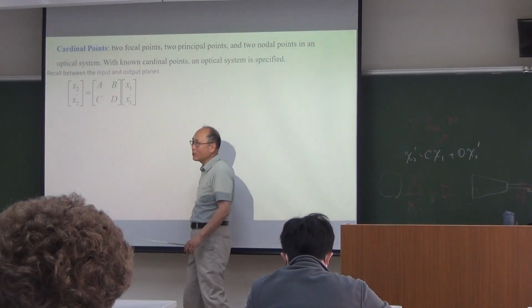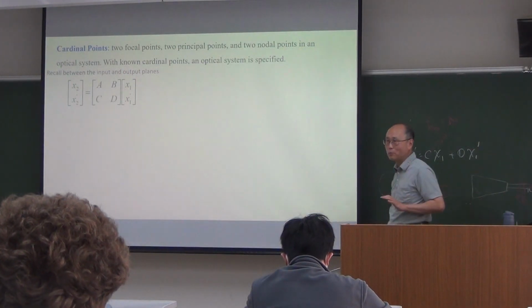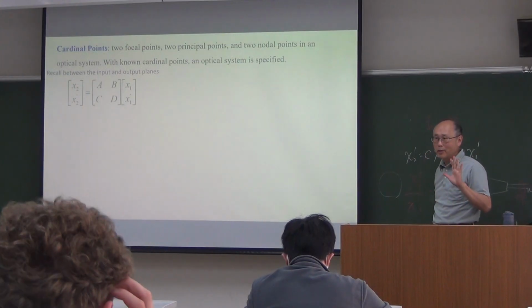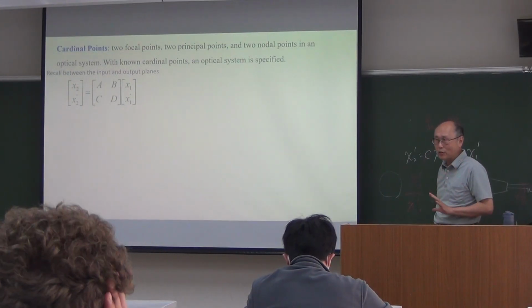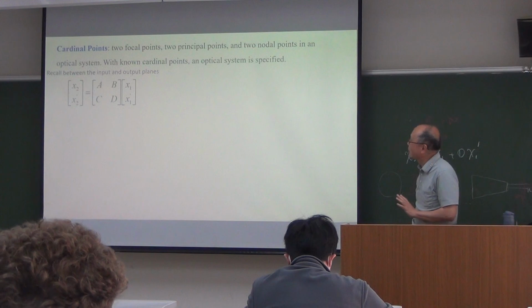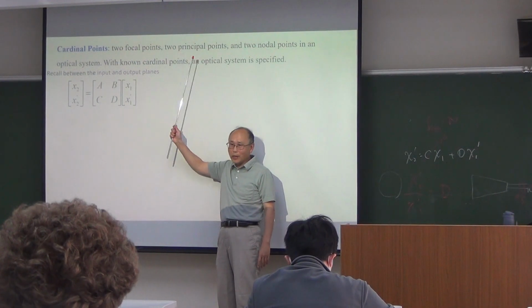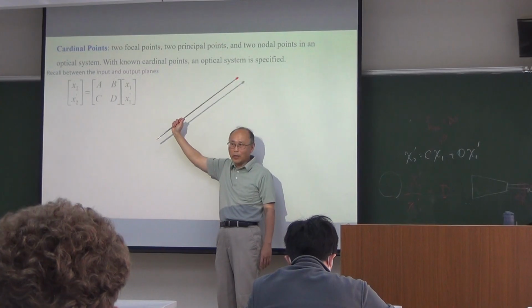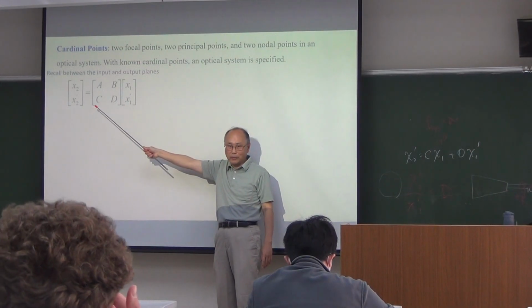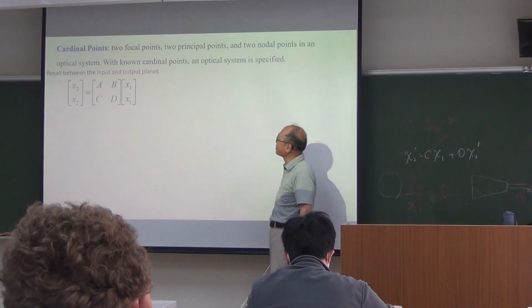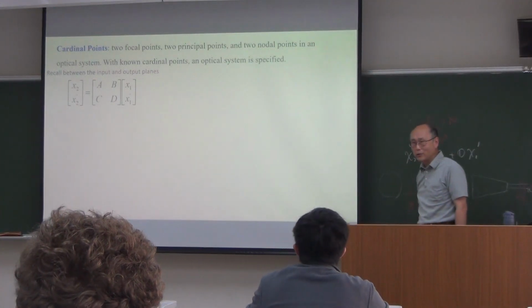Okay. Cardinal point. There are 6 cardinal points associated with an optical system, and you understood already there are two focal points, one to the right, one to the left. So the two focal points are already understood by you.